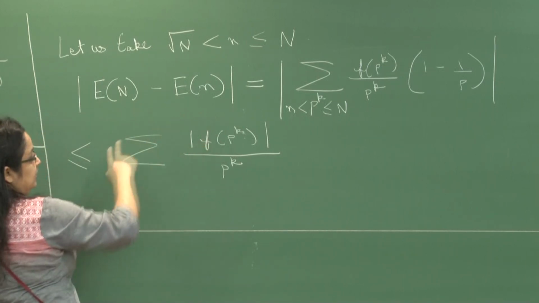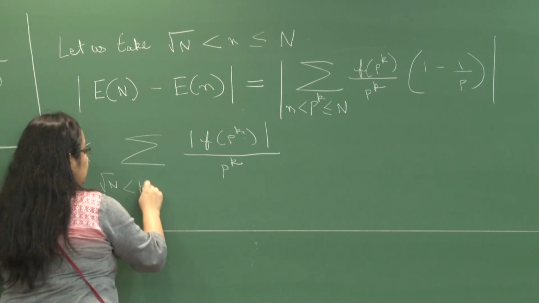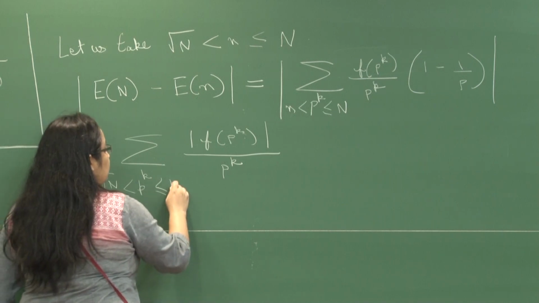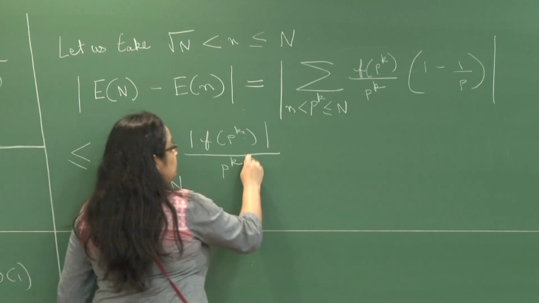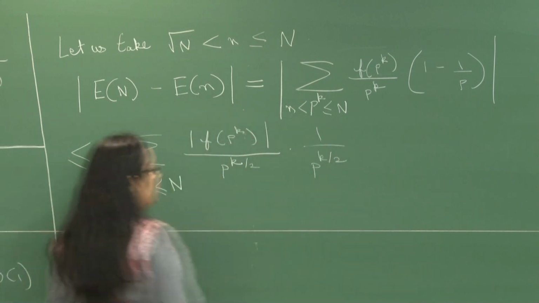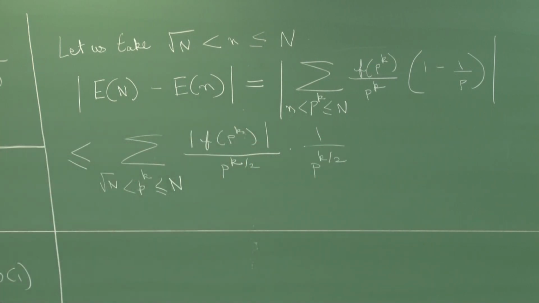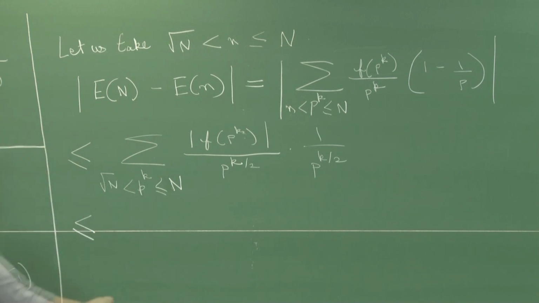So, the above is less than or equal to the sum over root n less than p to the k less than or equal to n. Now, I am going to write p to the k in the denominator just as we did in our previous class, 1 over p to the k by 2 times 1 over p to the k by 2. And now, after interchange of summations, what is our second most favorite technique in this course? Cauchy-Schwarz. So, we apply the Cauchy-Schwarz inequality and we get what is the first part.